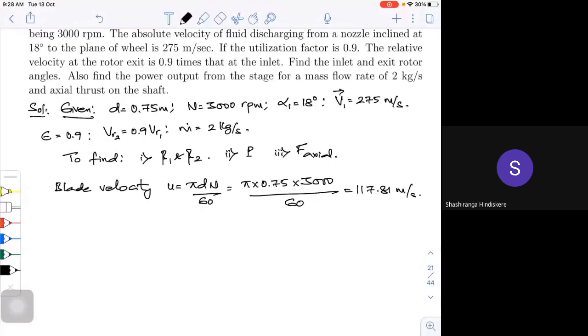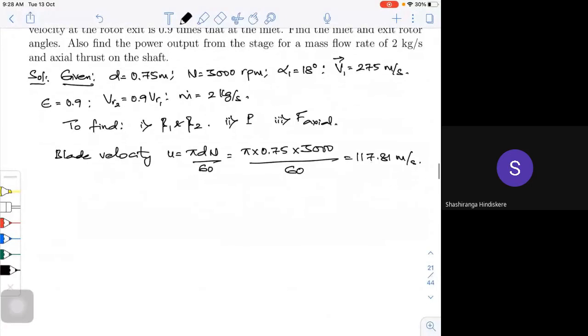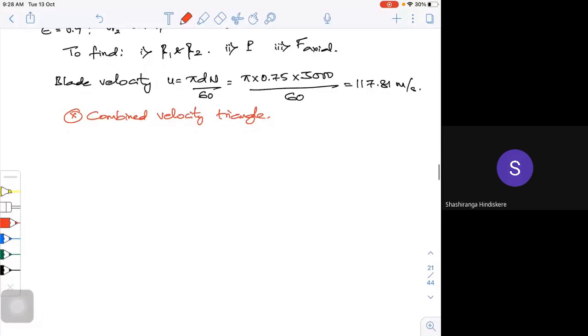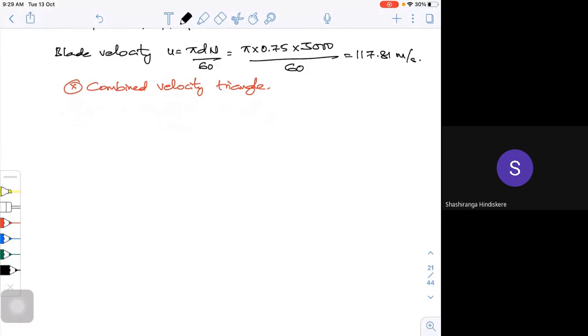If I try to have a combined velocity triangle, look at this. It is a unified velocity triangle with a common base. See here, my U is the same. So I will have a common U, like this.